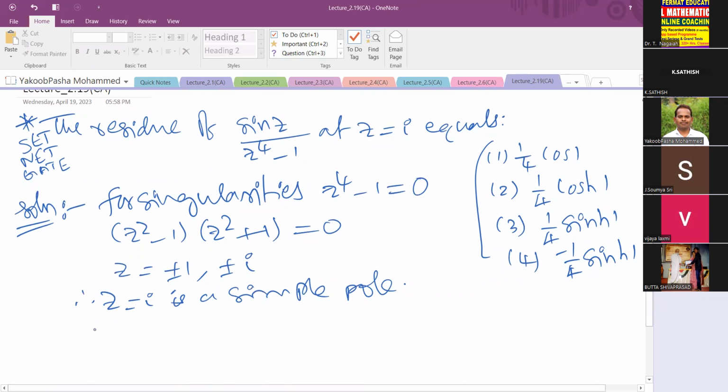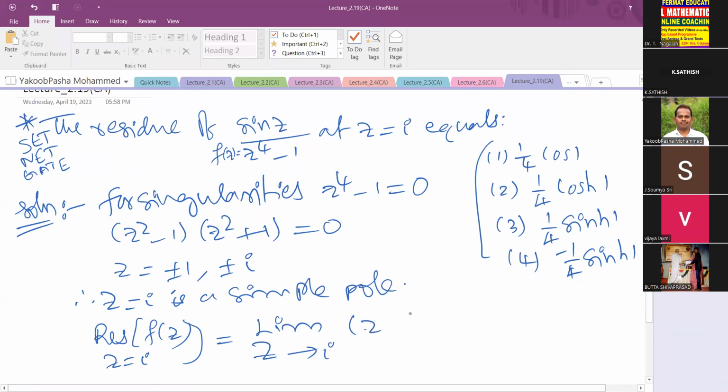For this, I'm taking this as the function f of z. The residue of f of z at z equal to i is equal to the limit z tends to i of z minus i into the function f of z. Here f of z is sin z divided by z power 4 minus 1.